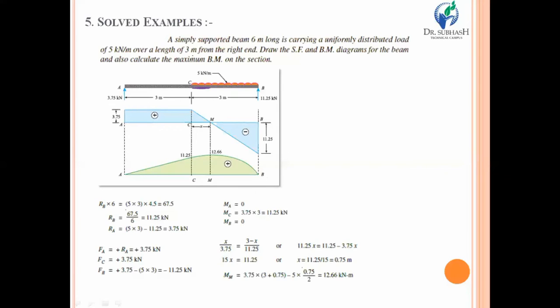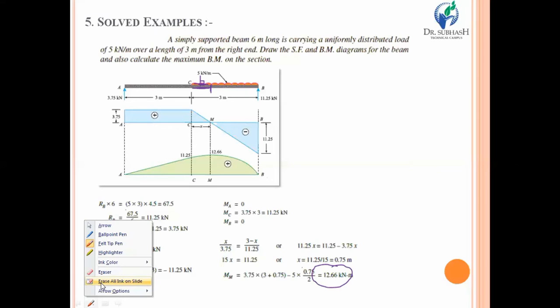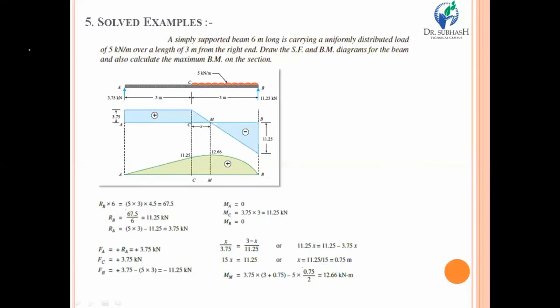By converting this small portion into a point load and multiplying with that distance, you get the bending moment due to that UDL. Using that relation, you find that the bending moment acting over section M is equal to 12.66 kilonewton meter.